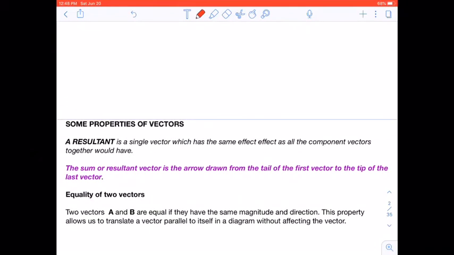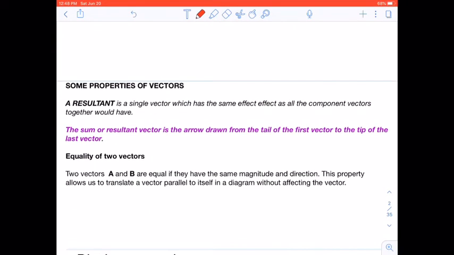Now let's look at some properties. Firstly, a resultant vector is a single vector which has the same effect as all the component vectors together would have. The sum or resultant vector is the arrow drawn from the tail of the first vector to the tip of the last vector.